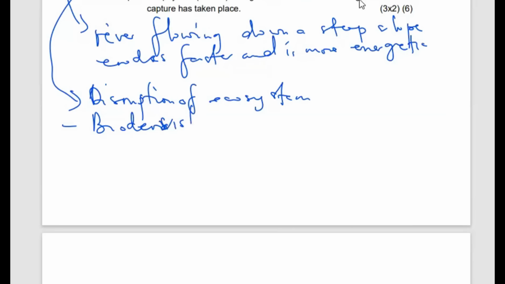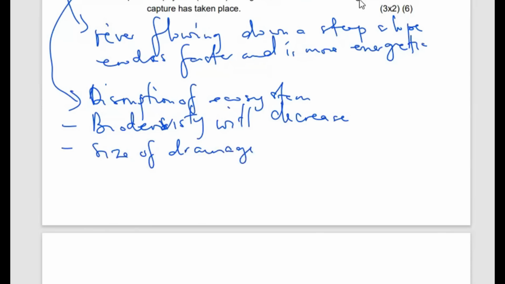Biodiversity will decrease in that area because of limited amount of water. Size of drainage basin would decrease. Drainage basin will decrease.